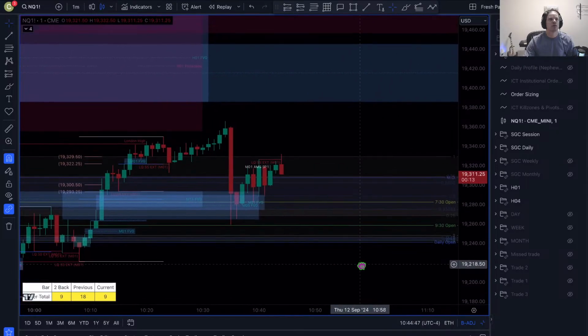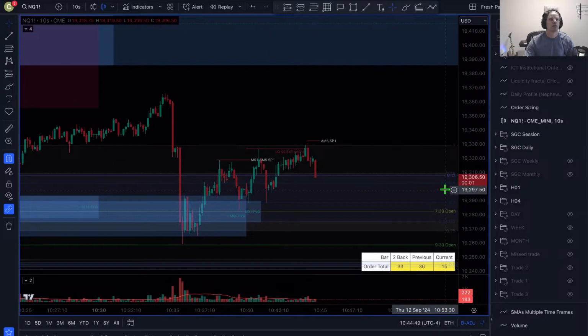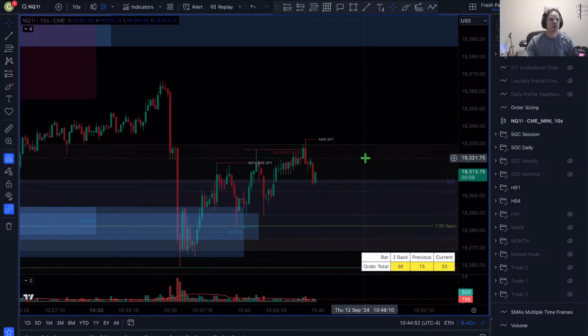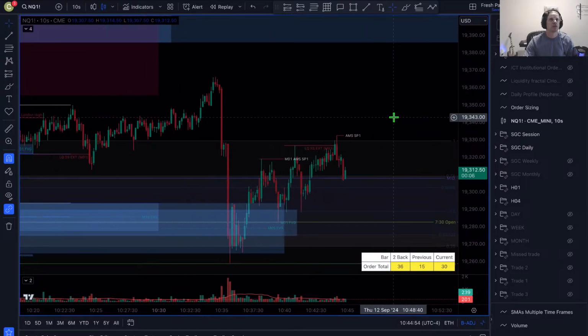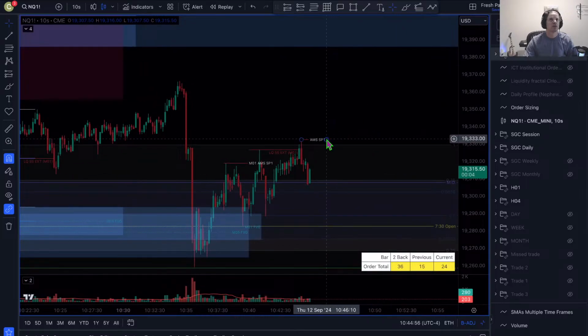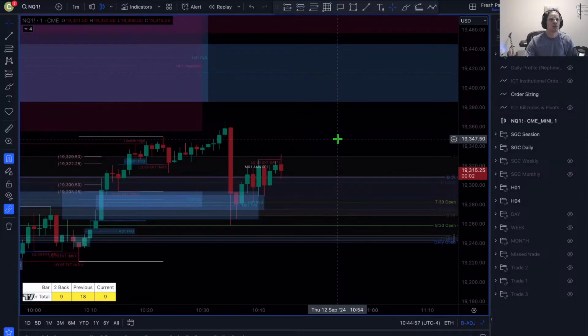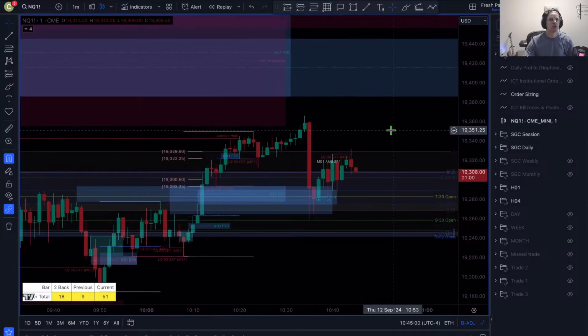Trading the current M1 impulse structure. In fact, that entry was right there. It's right back to the midnight open.